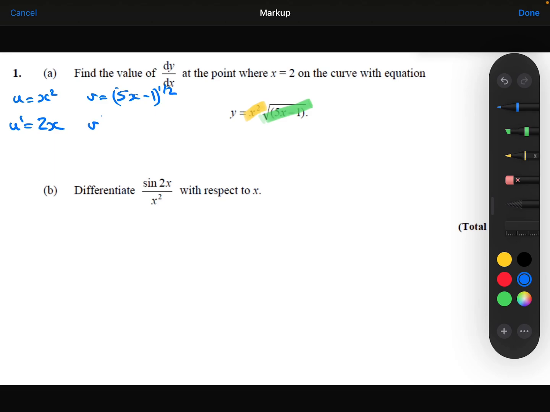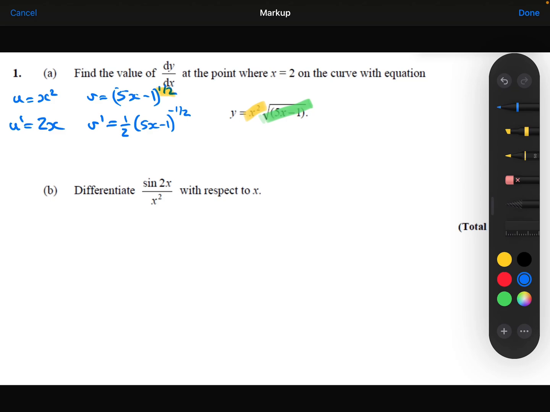Now to differentiate the v, I'm going to have to use the chain rule for this, because first I'm going to need to differentiate the power, and then afterwards I'm going to have to differentiate the inside, so multiply by 5. So just dealing with the power first, we'll have 1/2 times 5x minus 1, take 1 away from the power.